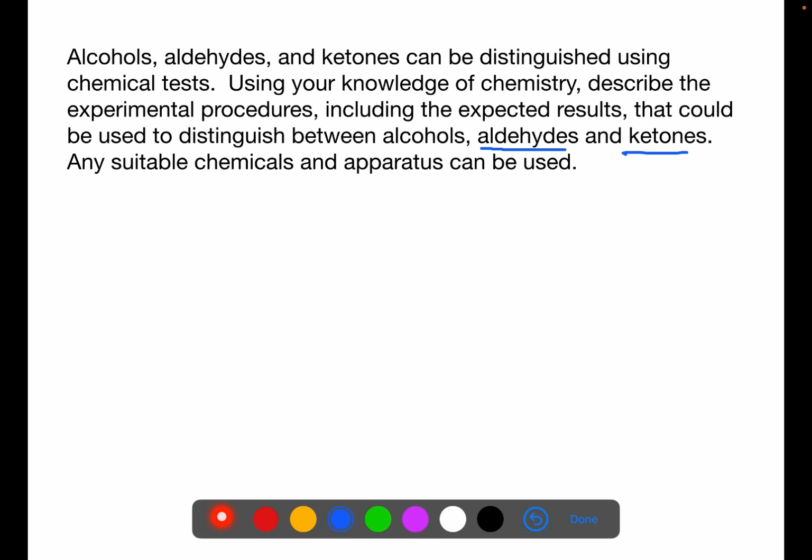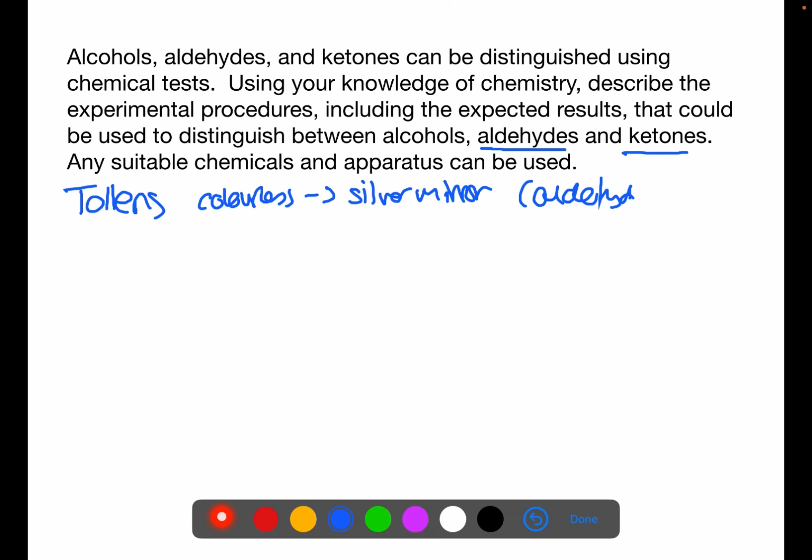So the first one that we're going to look at would be Tollens', and this would go from colorless to silver mirror. Okay, and it would do that for an aldehyde, but not for a ketone. We've then got Fehling's, which goes from blue to orange, and again that would be for an aldehyde, but not a ketone.